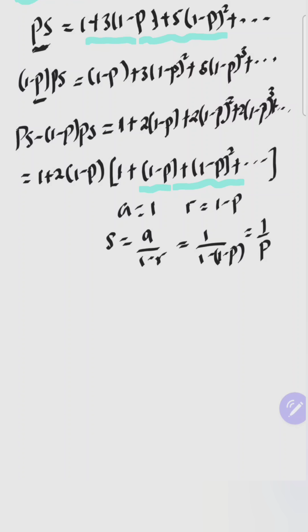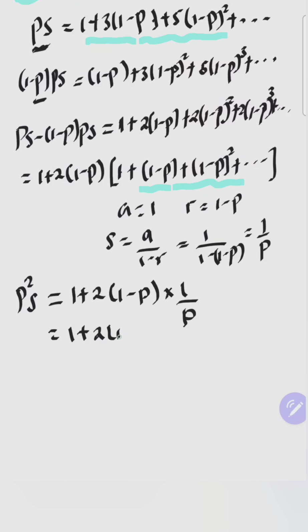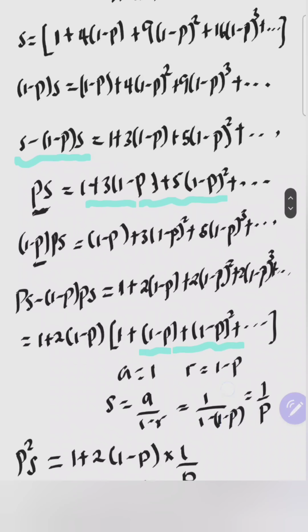So now, on the left-hand side, we're going to have p squared s equal to 1 plus 2(1 minus p), multiplied by 1 over p. And here, we have this to be 1 plus 2(1 minus p) divided by p.